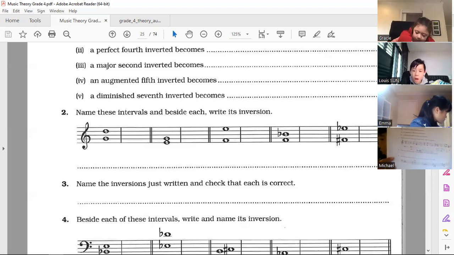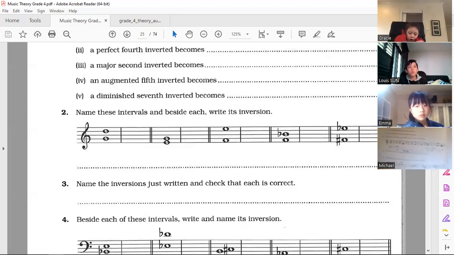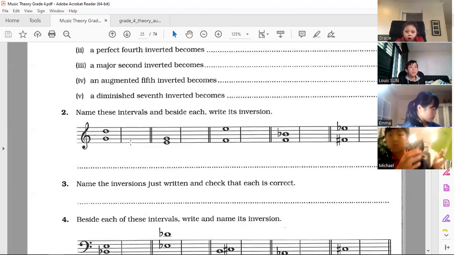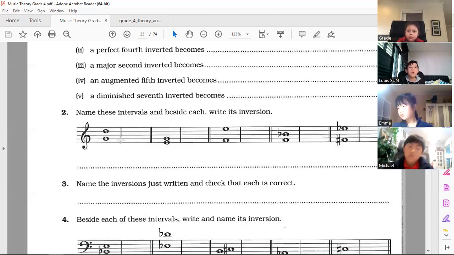Okay, so Michael, what happens with inversions is that you move one of the notes one octave up. So if you look at the first one, that note, if you move it one octave up and you keep that D the same, it should look like that.